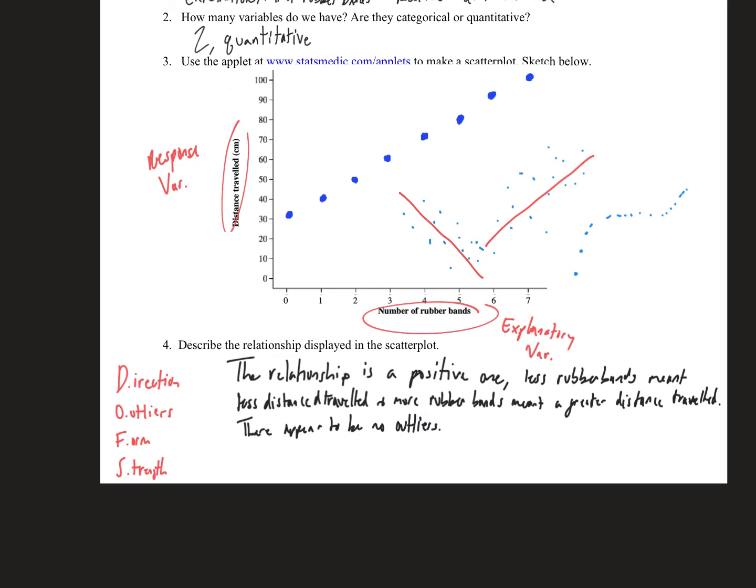So it doesn't have to be a perfect line in order to be linear, but we're noticing there's not a twist or a change in the general shape of it. So there's a linear pattern to the data.